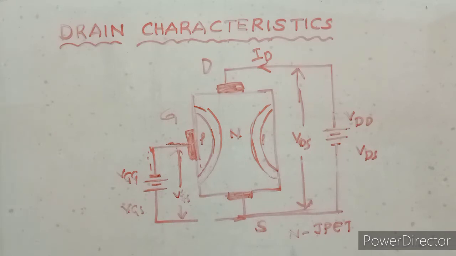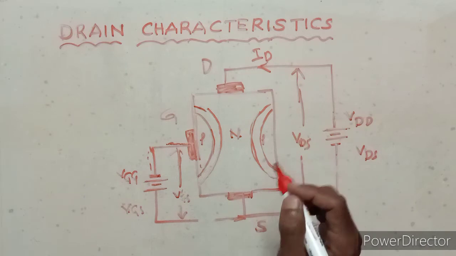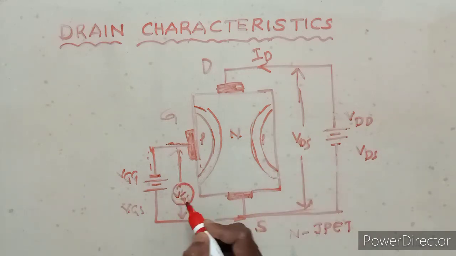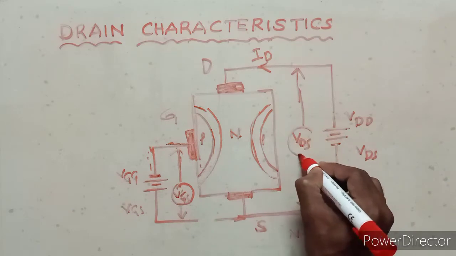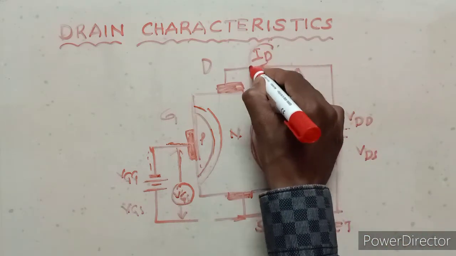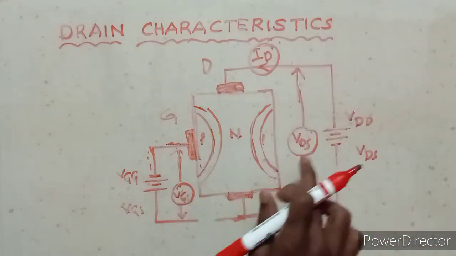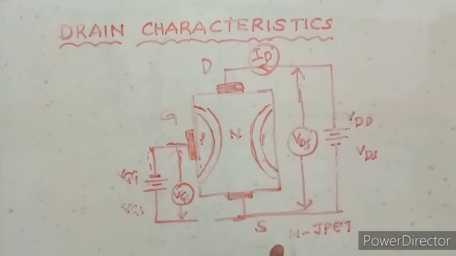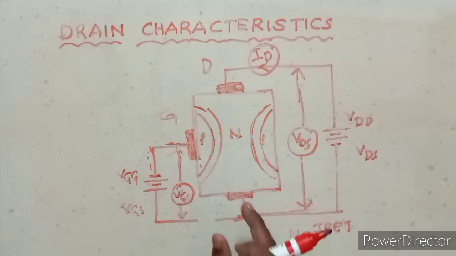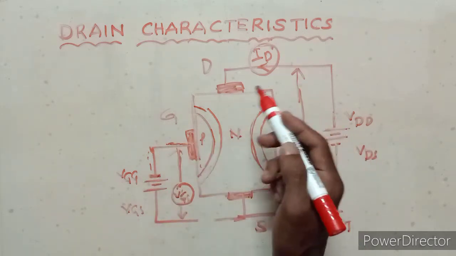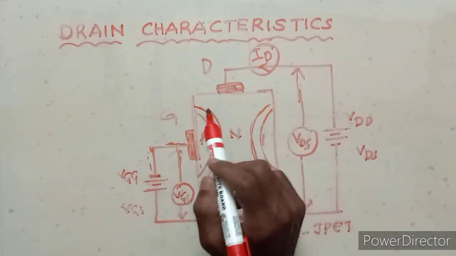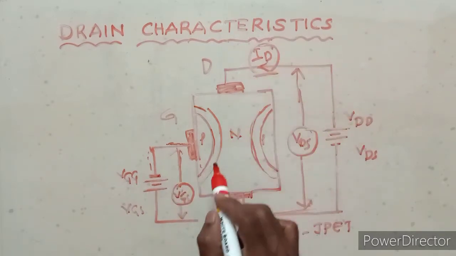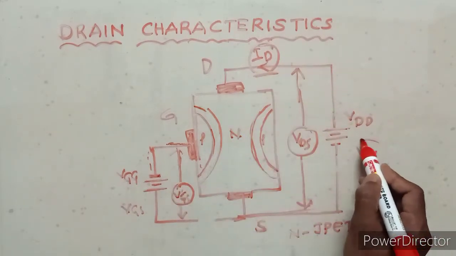Next one, the graph relation. Here this is the voltmeter VGS, this is the voltmeter VDS, this is the ammeter. These readings are noted on a sheet. We take those values and draw the graph relation between ID, drain current, and VDS.